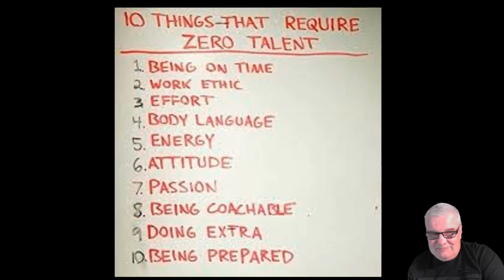So you work out what the problem is, do a bit of research, look at some concepts, probably more than one, find out which one you're going to develop, and so on. Being coachable, so you need to be able to ask questions and take advice, and that doesn't require any talent. Doing extra doesn't require any talent. It requires a lot of extra time, but talent, no.